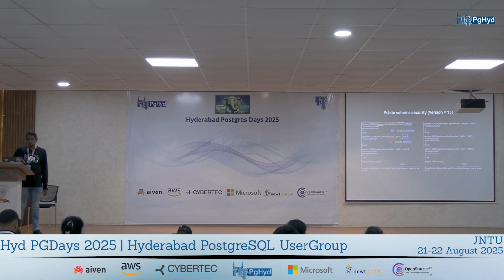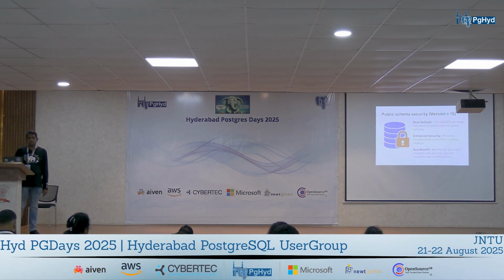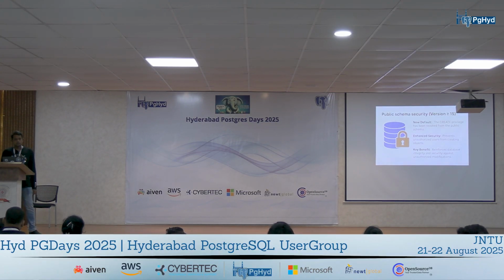Have a look especially at the third function, has_schema_privilege for the create privilege. It is returning true for versions less than 15. I have clearly mentioned that the server is version 14.19, so it is returning all trues. In the next slide, I will explain how the public schema security changes from version 15.